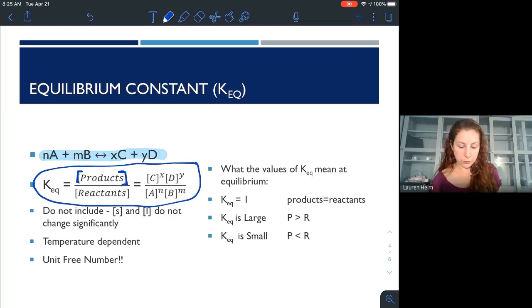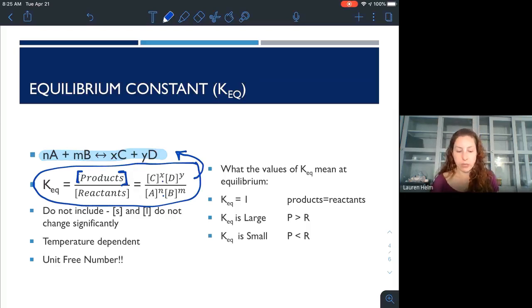So for our sample reaction, KEQ would look like this: the product C raised to its coefficient X times the concentration of product D raised to its coefficient Y, divided by the concentration of reactant A raised to its coefficient N times reactant B's concentration raised to its coefficient M.